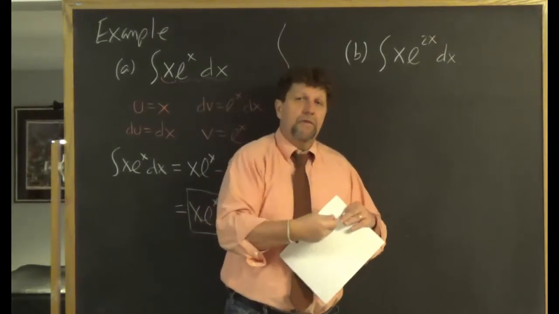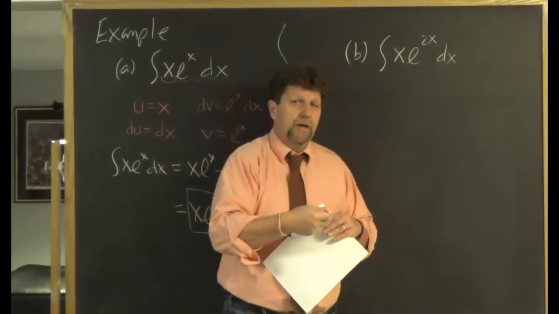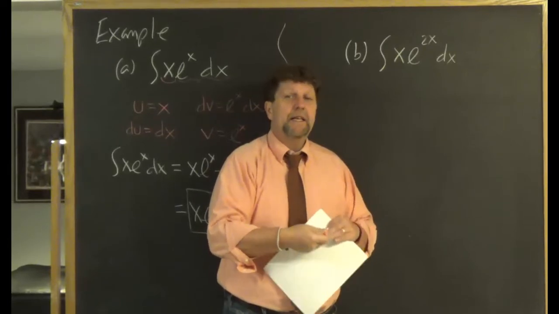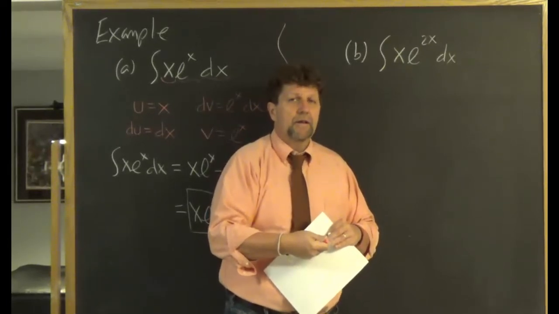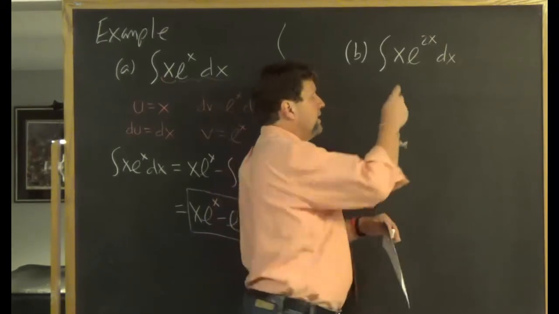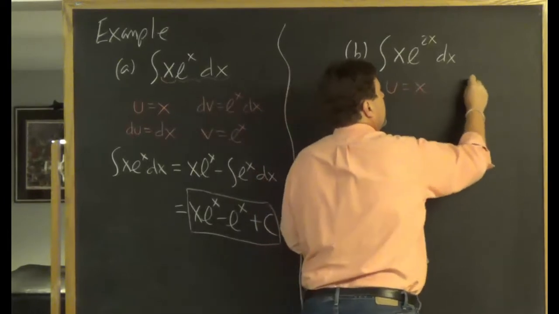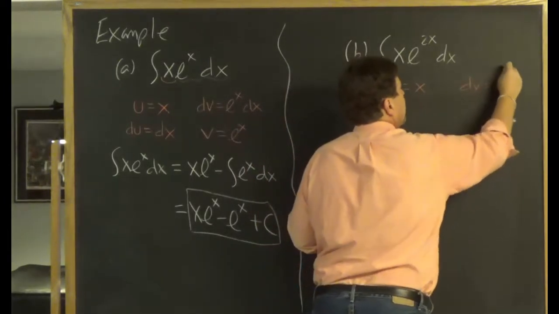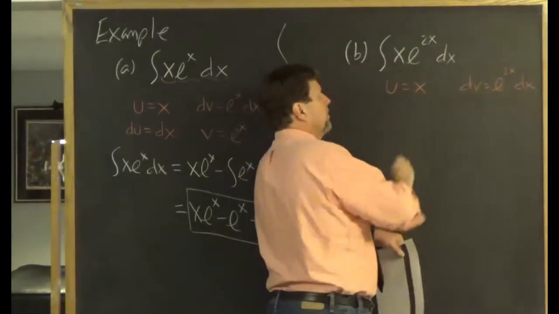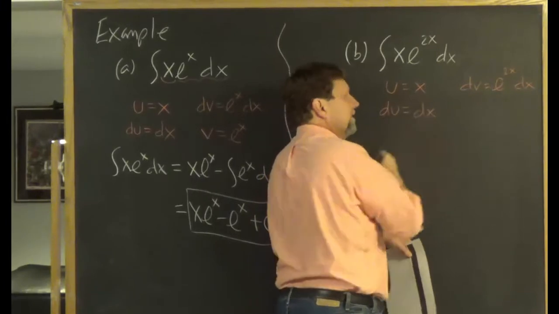Or what part of the original integral, if I let dv equal that part, and it's the most complicated part, I can quickly and easily integrate? And either one of those routes leads me to letting u equal x and dv equaling e to the 2x dx. Because if u is x, du is dx.